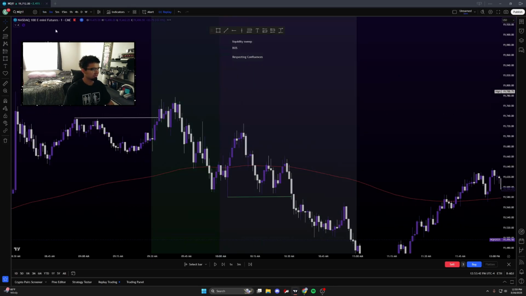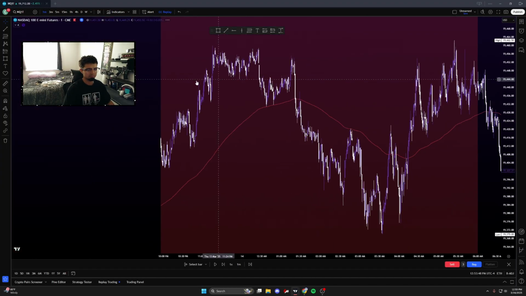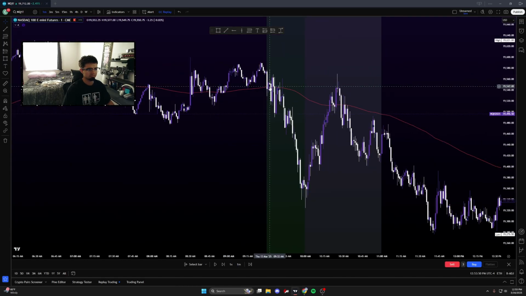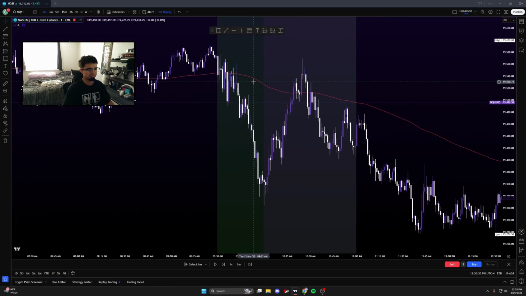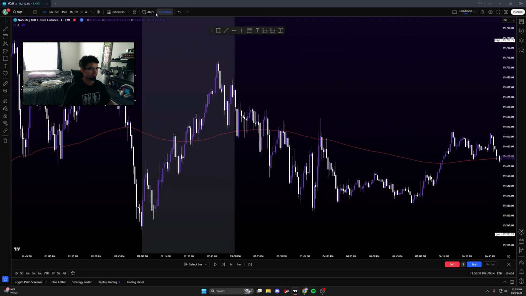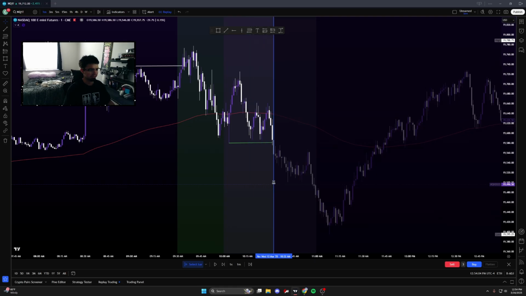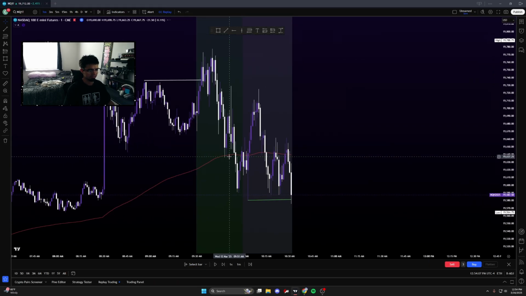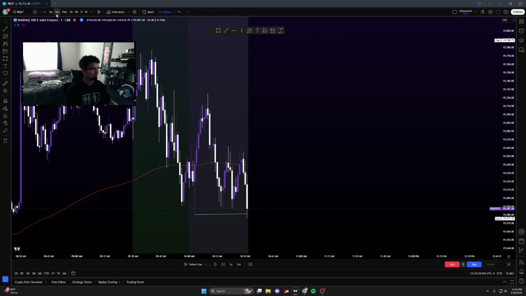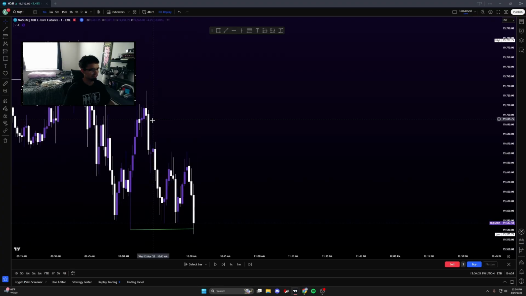Now for this example though, if you noticed, the level where it breaks structure for the stronger confluence would have been down here on the 3-minute, but we're marking it on the 1-minute right now.